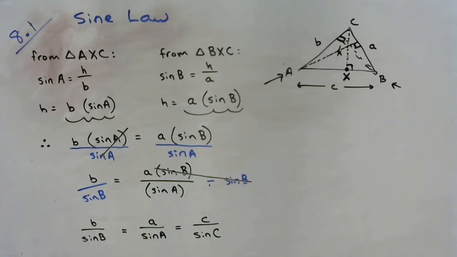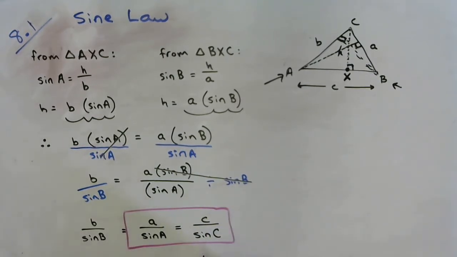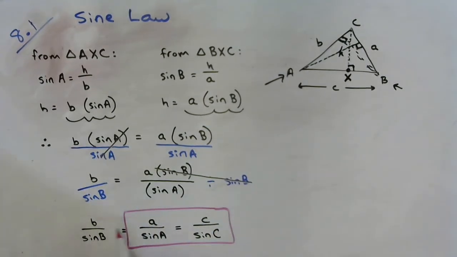If we look at any triangle in the whole world, any acute triangle, I should say, and you have, let's say, 3 pieces of this information. You have side A and angle A, and then you have any other side, you can find out the other angle. And if you have 2 of the angles, you can find the 3rd angle.